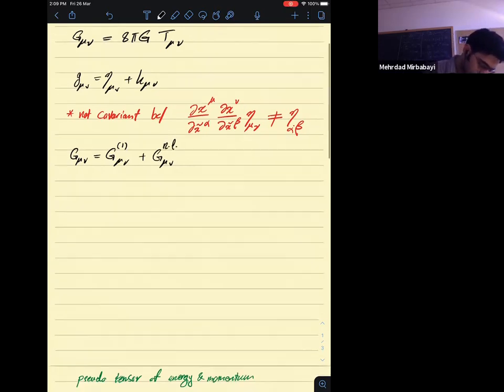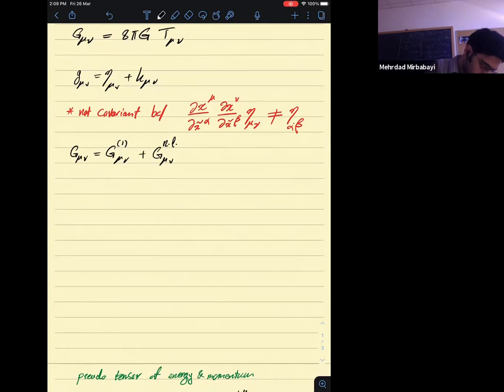And now, if I just substitute it in the Einstein equations, what we will have is that G1 mu nu, let me also divide by 1 over 8 pi G, is equal to T mu nu minus 1 over 8 pi G times G nonlinear mu nu.